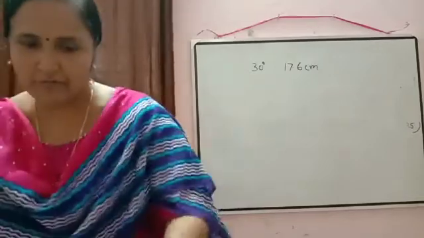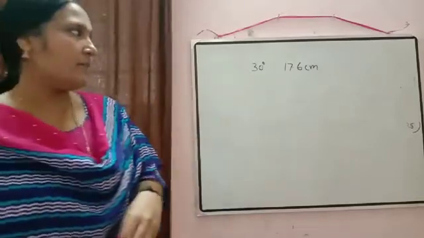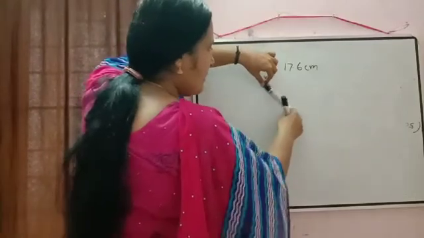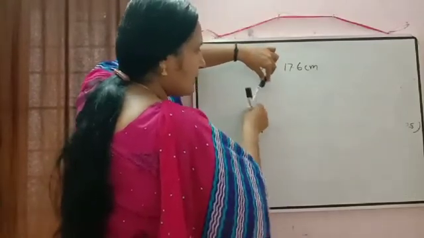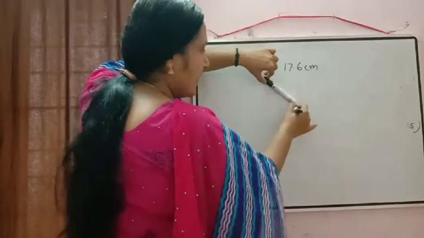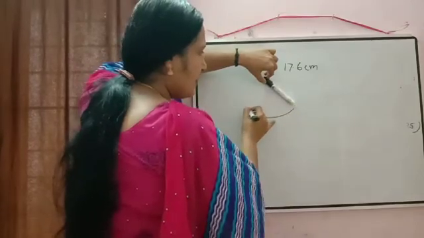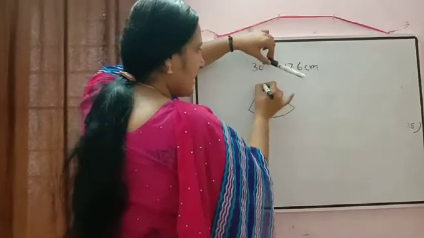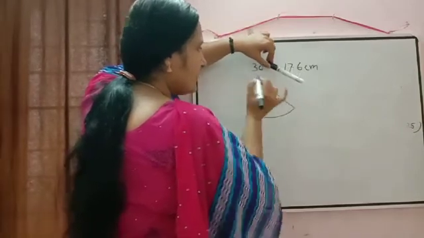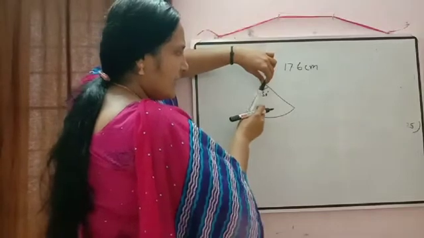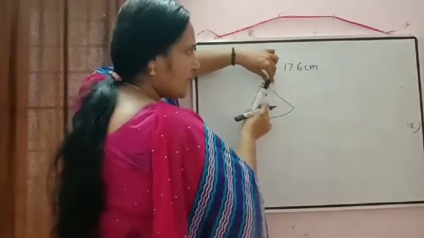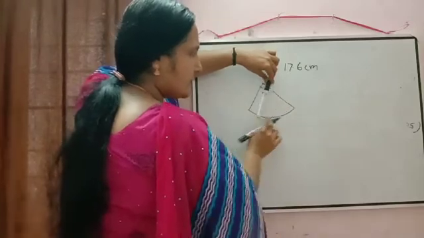Okay. So first we can understand the question there. What is written? A pendulum swings. So we know when a pendulum swings, it will swing in this way only. So this will be the direction. The pendulum swings such that its tip describes an angle of 30 degree, and this is the length which the pendulum swings, the distance covered.